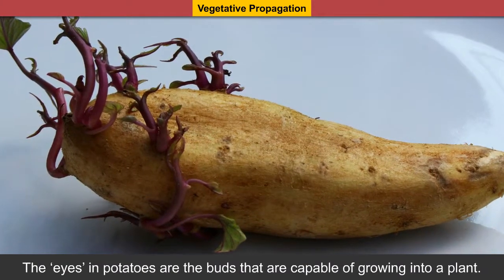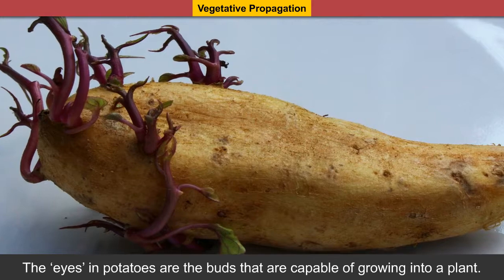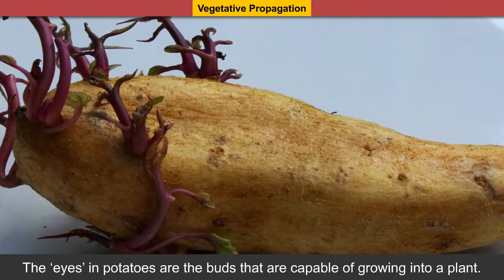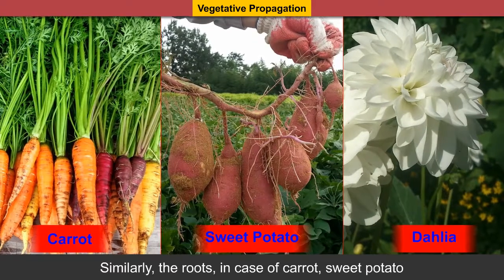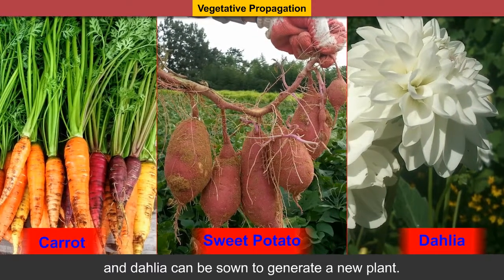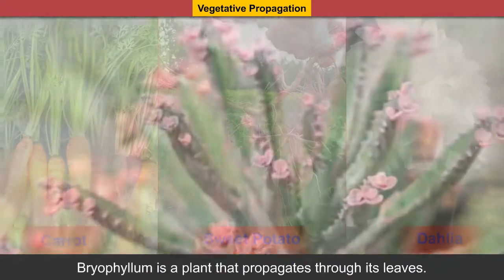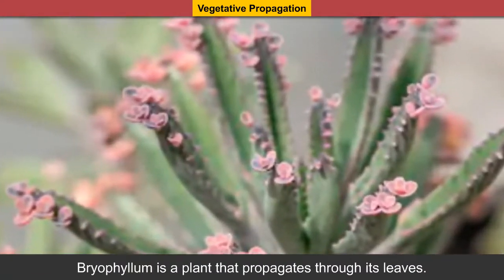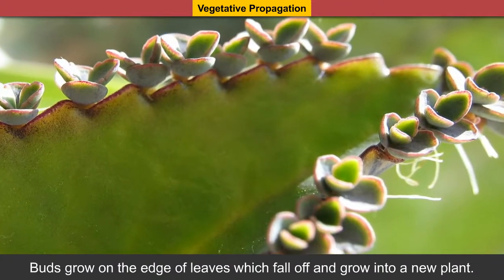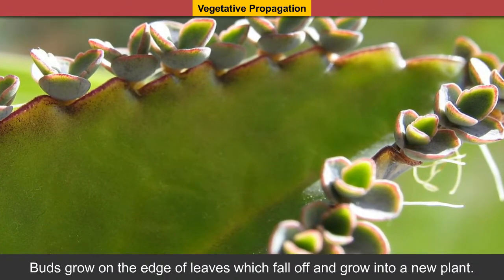The eyes in potatoes are the buds that are capable of growing into a plant. Similarly, the roots, in case of carrot, sweet potato and dahlia, can be sown to generate a new plant. Bryophyllum is a plant that propagates through its leaves. Buds grow on the edge of leaves which fall off and grow into a new plant.